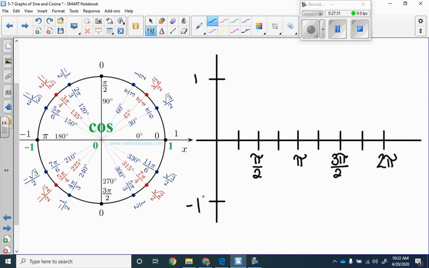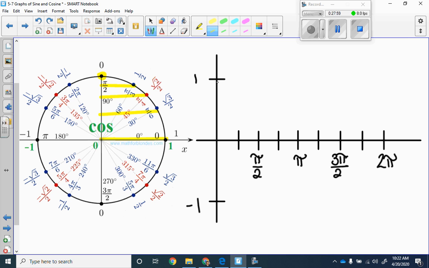But this time, when you're looking at cosine, you're looking at all the x values. Notice that for the x values we're starting with, the cosine of 0 radians is 1. The cosine of pi over 6 is square root of 3 over 2. The cosine of pi over 4 is square root of 2 over 2. Cosine of pi over 3 is 1/2, and then we get to 0.